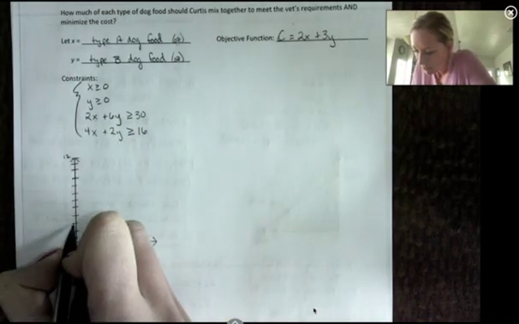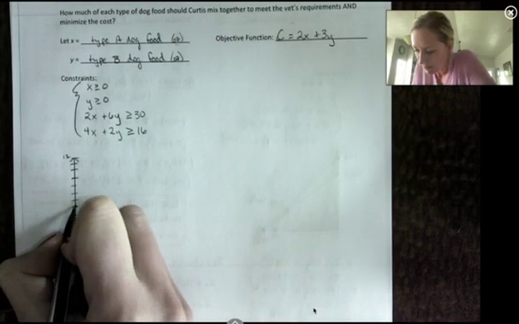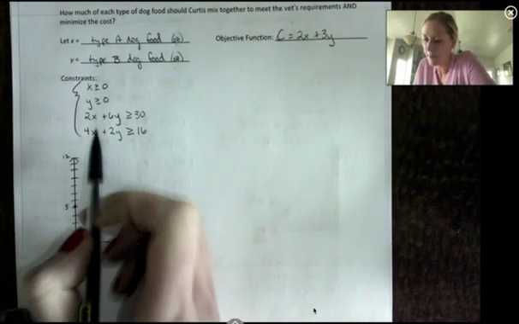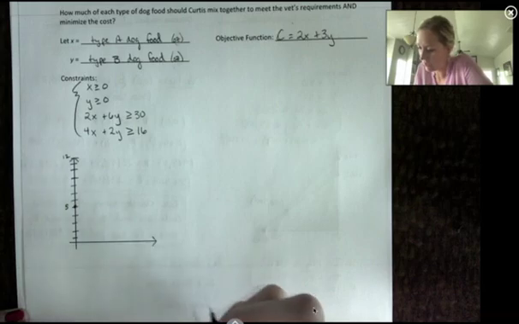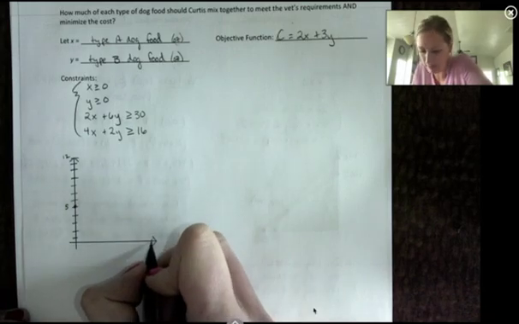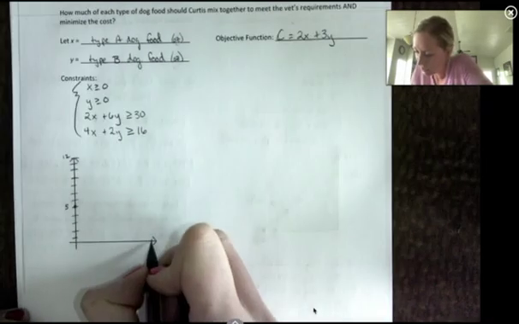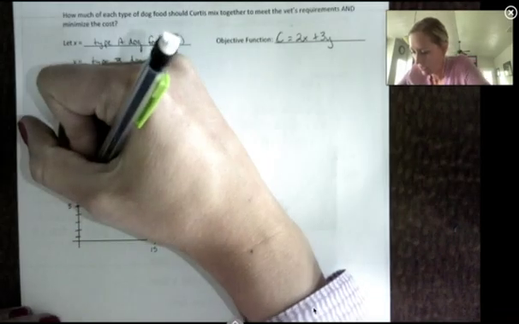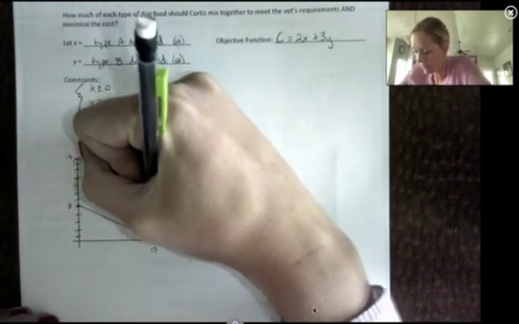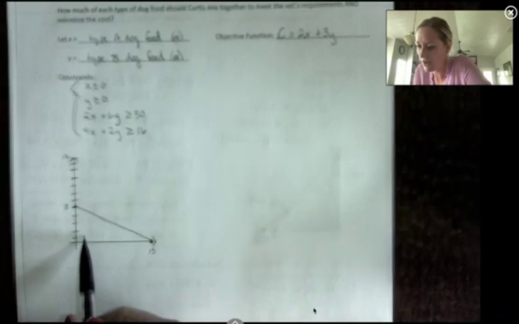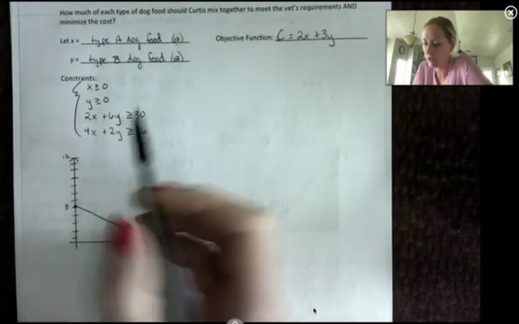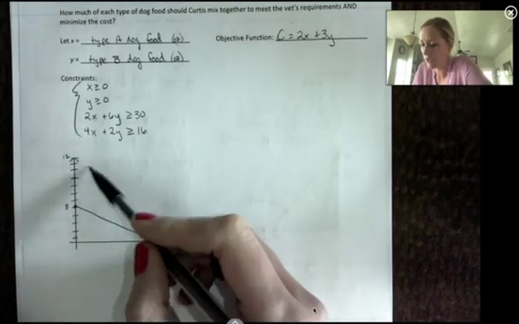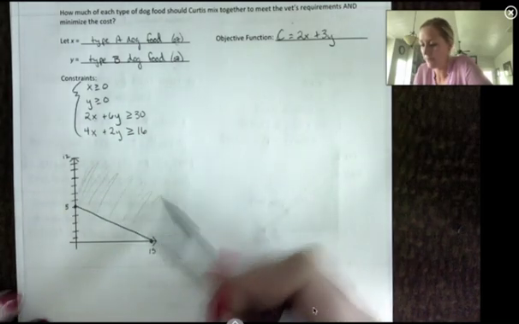Okay, 1, 2, 3, 4, 5. Okay. If I plug in 0 for y, I would get 15 for x. Okay, so I might not be able to fit all this on 15, so I'm going to do 15 is there. Okay. Connect. All right, right now, if I were to plug in 1 and 1, this would not be greater than or equal to 30. So so far, I'm above this line.